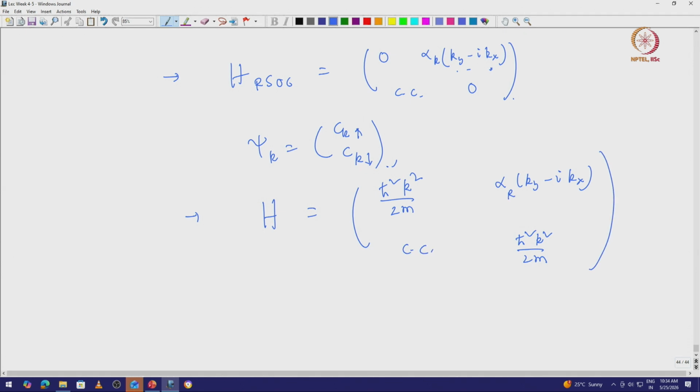So the important thing is that this also vanishes at k equal to 0. Spin orbit coupling vanishes, or the splitting vanishes.